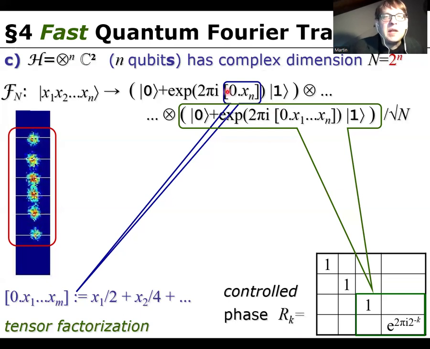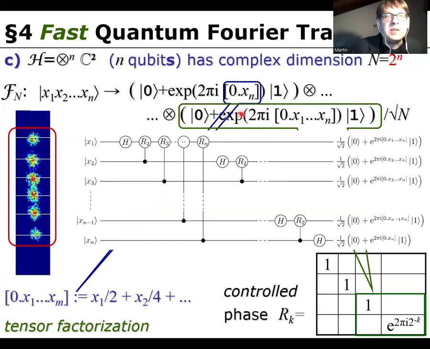And if we now translate this mathematical formula into a circuit, then we arrive at this very circuit where we have the Hadamard gate. Remember, the Hadamard gate on one qubit. Here we have a controlled phase, this one, right, with k equals 2. This is a controlled phase with k equals 3, k equals 4, up to k equals n. So each one applies this phase change to the second or to the third or to the n minus 1 or to the nth qubit, depending on the other qubit.